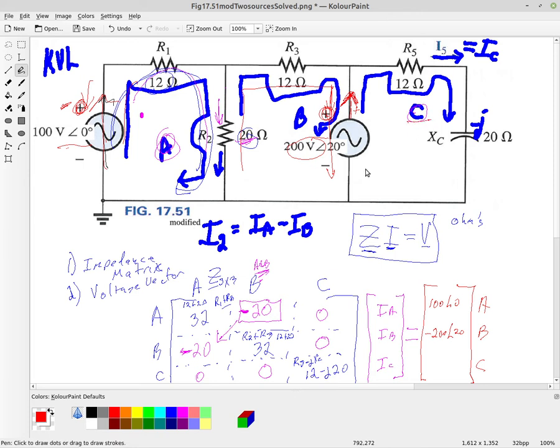but then C is going in the direction that this voltage source is going. So that's going to be a plus 200 angle 20. Okay. So now notice this negative sign negates the entire voltage source, including the angle.